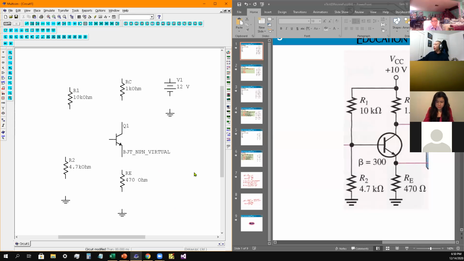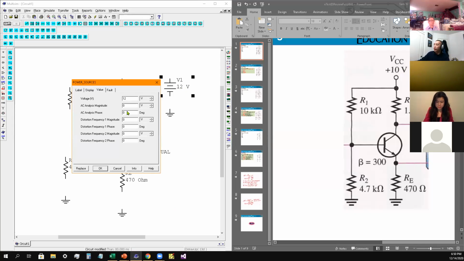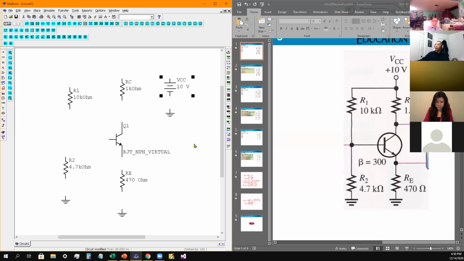Now we have all the labels in place, and the VCC is going to be 10 volts. So we come in here, change this to 10 volt, and the label is going to be VCC. Now we can't change this beta, because this one is a virtual. We're just showing you an example of how to do that circuit here.